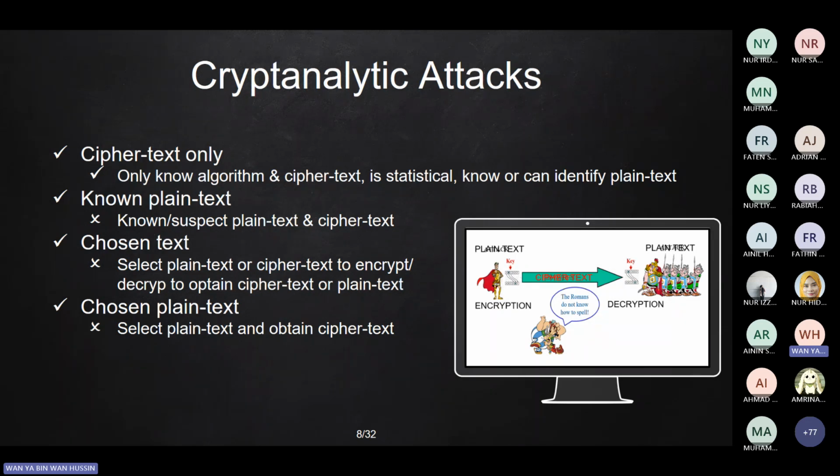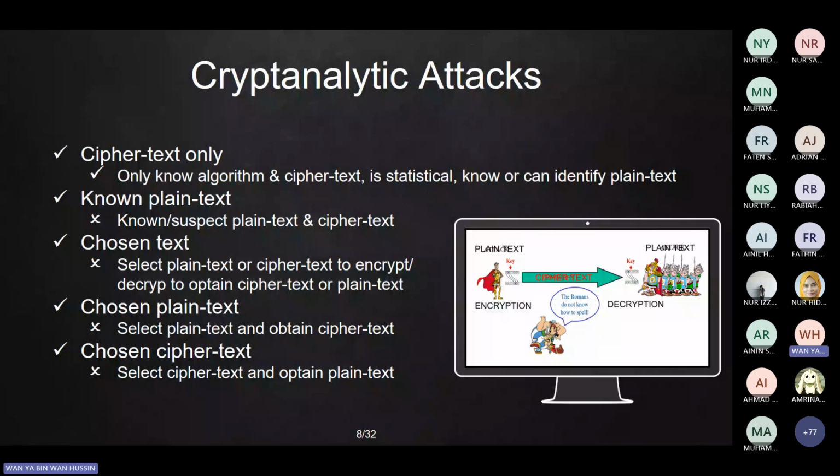Then we figure out the key. The other one is chosen cipher text, where we do decryption to obtain the plain text, and we use it to discover the key.